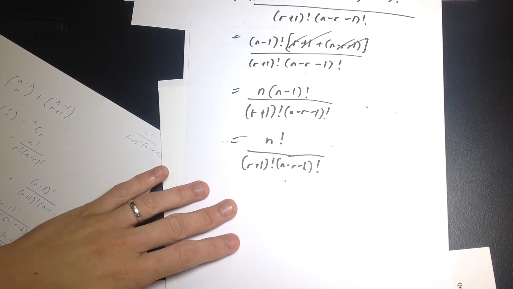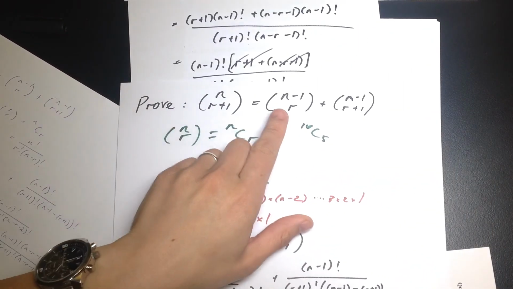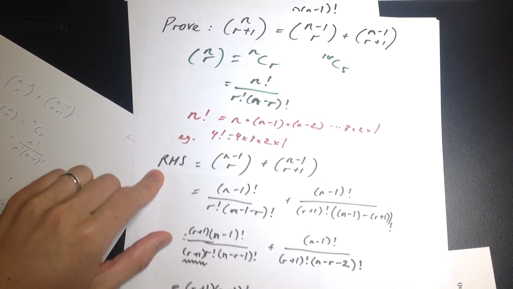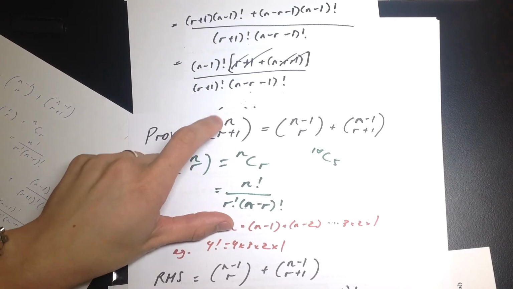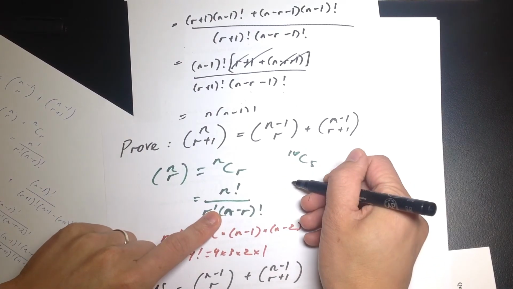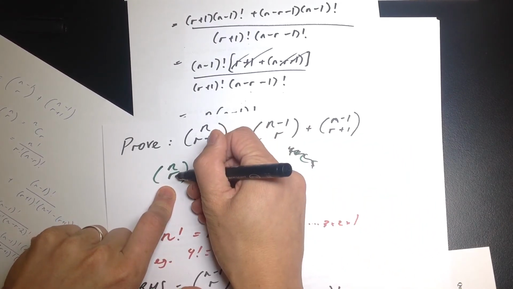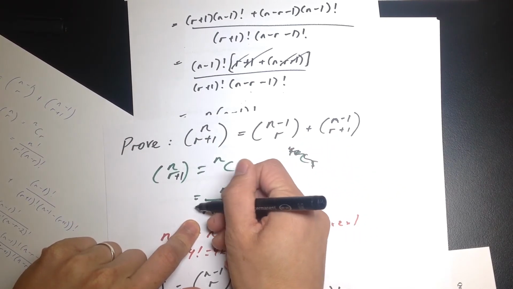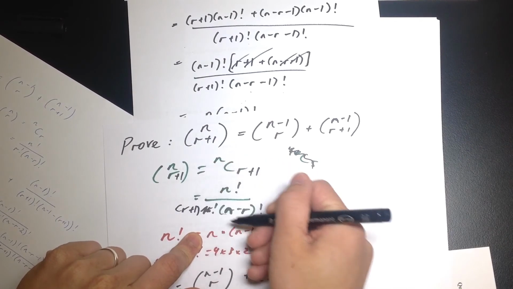Is it simple enough? Well, let's have a look back at what we're trying to prove, right? What was I trying to get? This is the right-hand side. That's what I started with, right? I want to get it equal to the left-hand side. n choose r plus 1, okay? Now, what is n choose r plus 1? Well, based on this definition, instead of n choose r, if I have n choose r plus 1, this r will become r plus 1.